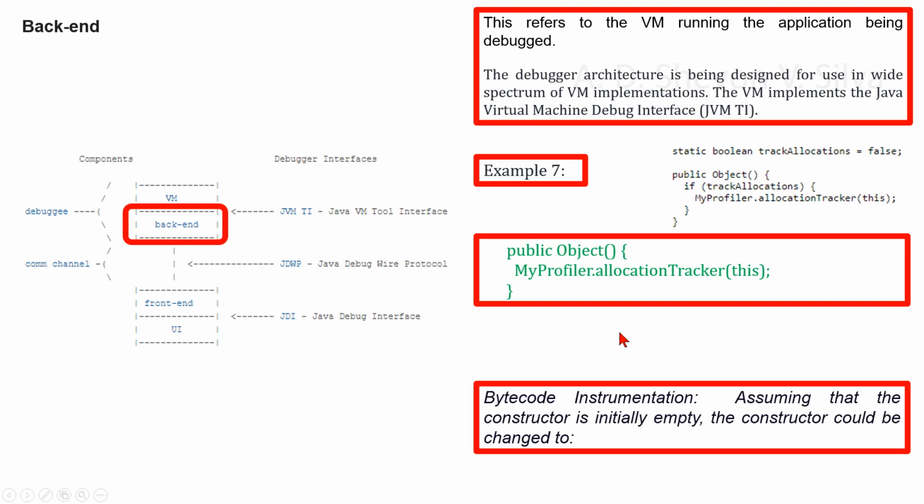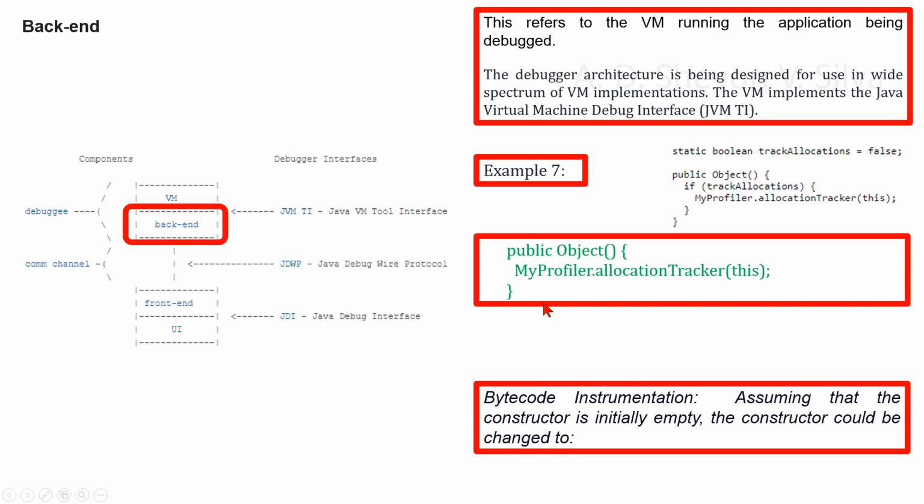Care must be taken to avoid perturbing dependencies, especially when instrumenting core classes. For example, an approach to getting notification of every object allocation is to instrument the constructor on Object. Assuming that the constructor is initially empty, the constructor could be changed to this.